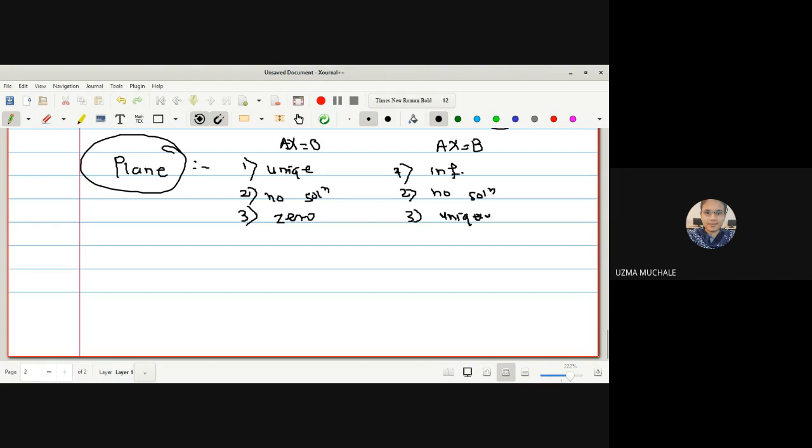Unique solution असतो का? No, ma'am. Then is it correct for the homogeneous? Unique, no solution and zero solution. Zero solution, unique solution म्हणजे zero solution. What about no solution?